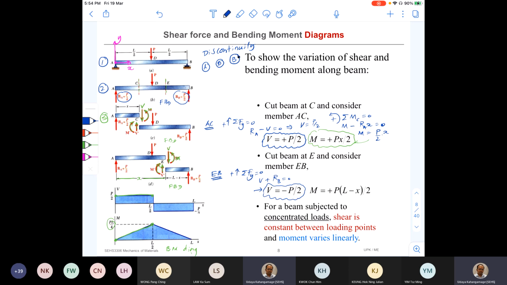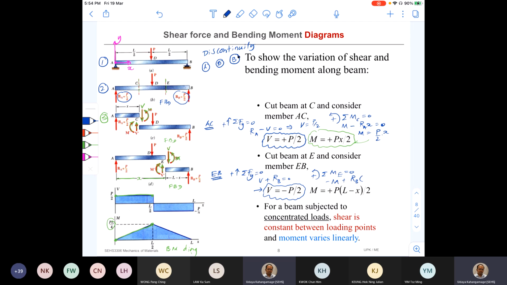Similarly, now I can apply my equation of equilibrium for moment at point E. This way, summation of all the moment at E should be equal to 0. Right. So there's M, but it is in the negative direction, therefore negative M, and RB creates a moment in the positive direction, therefore positive RB times the distance.